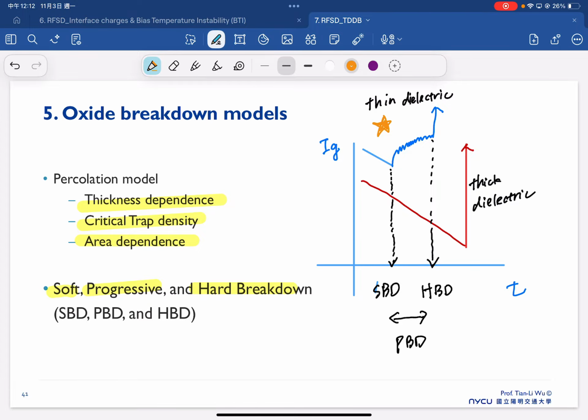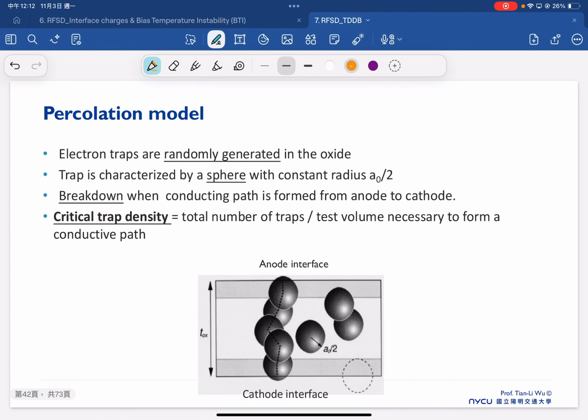So what is actually the population model? First of all, we have to understand that the electron traps are randomly generated in the oxide. That's why we have to use certain probability and statistics here.